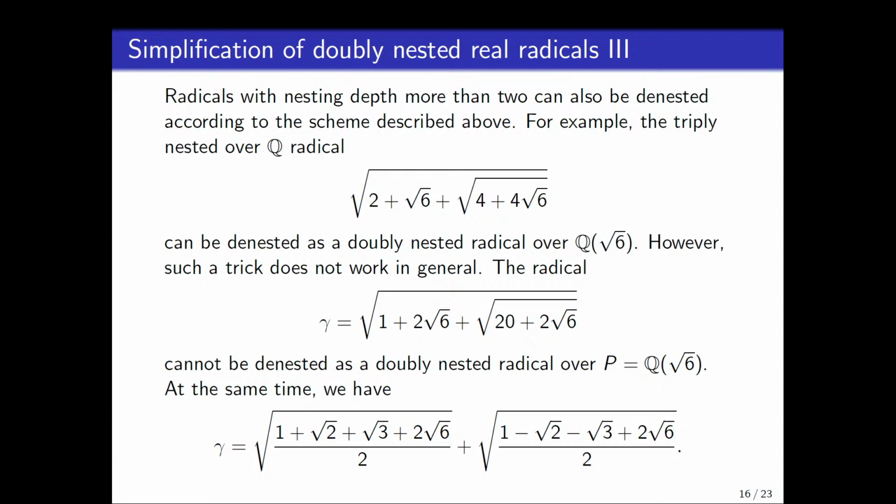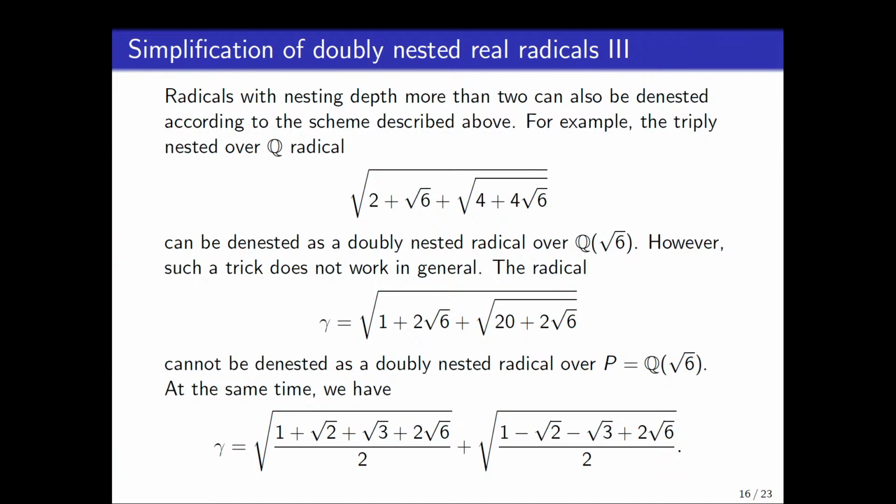Okay, some examples. According to the scheme described above, we can denest this expression in the top half of the page. So this expression can be denested as a doubly nested radical over Q of square root of 6. However, if we take something very similar in form, then it doesn't always work.